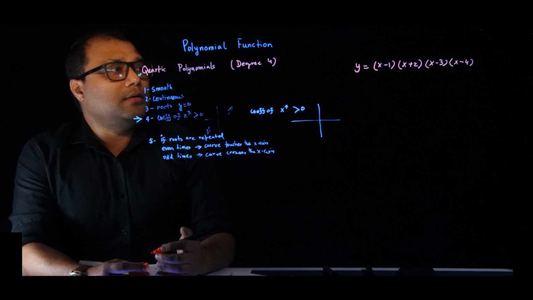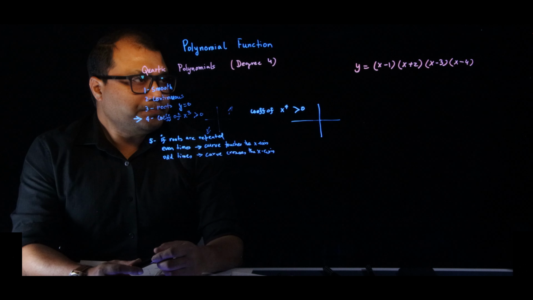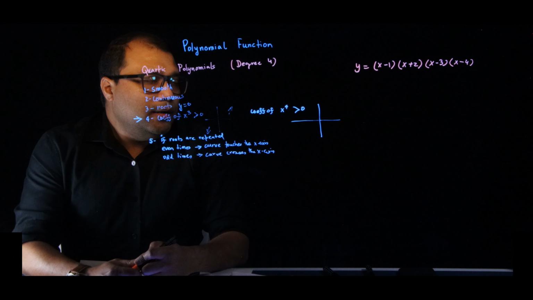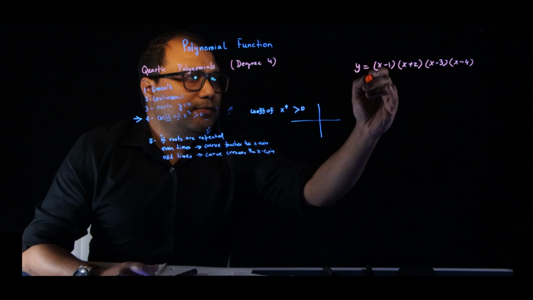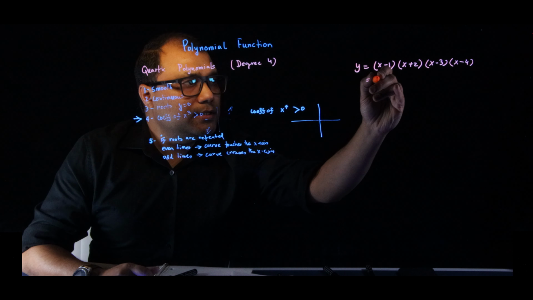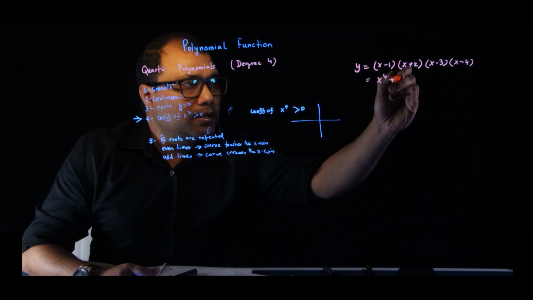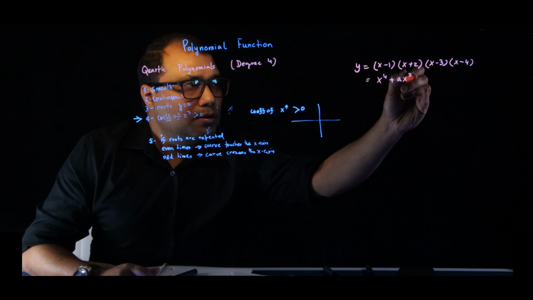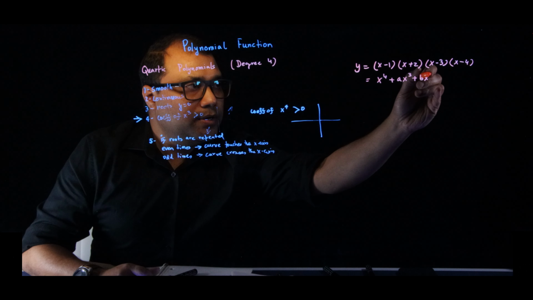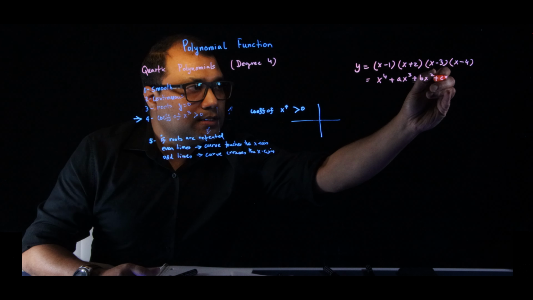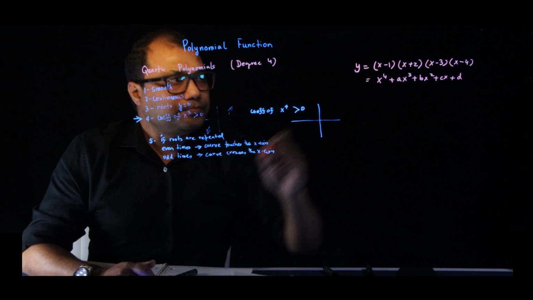So this is a polynomial of degree 4. Now if we expand this, I'm not going to expand this, but let's say we can write it as x to the power 4 plus ax cube plus bx square plus cx plus d.